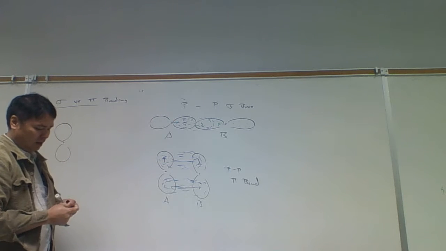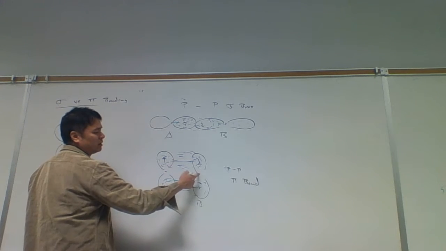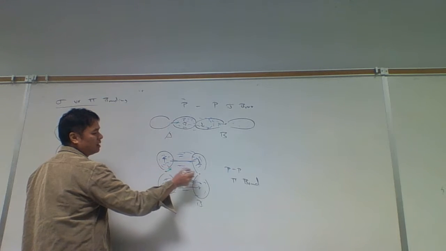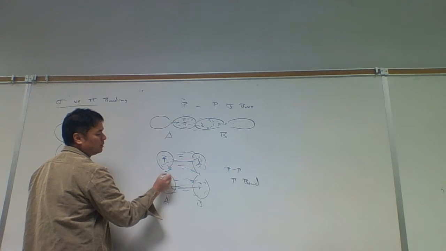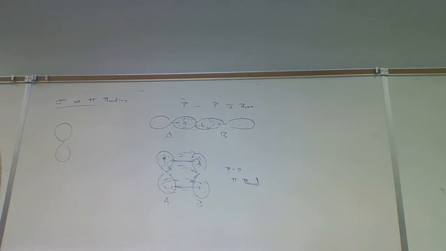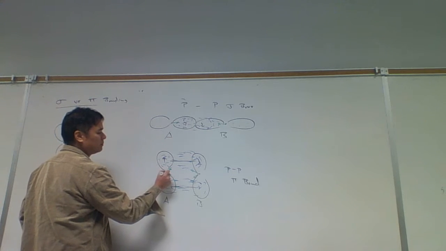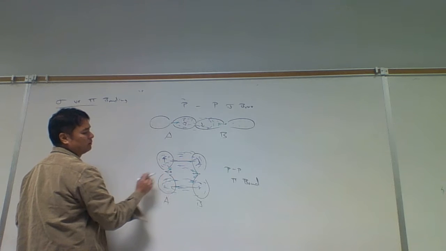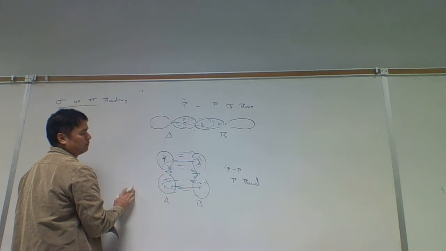The nuclei are repelled by each other, but they're going to be attracted to the electron cloud above here and below here. If we do something called vector algebra, that is, just add up these arrows, we'll see that the net movement is going to be towards each other like this. So they will be attracted to each other.